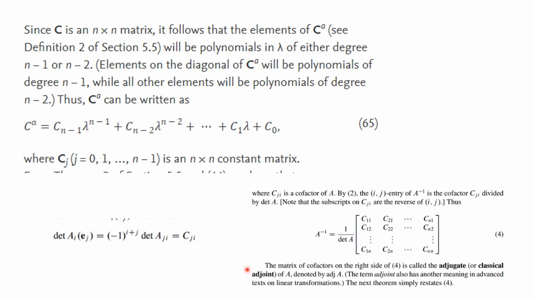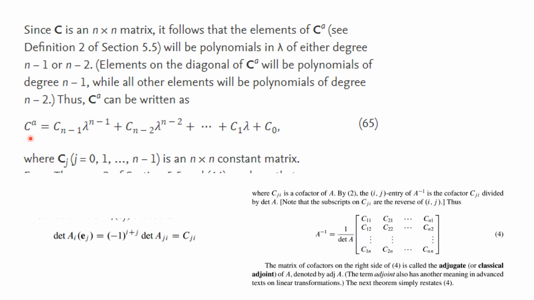Now you might recall that back in what we called theorem 8, the matrix of cofactors is called the adjunct or classical adjoint, and here we're calling it Ca. So we take the adjoint of this, a little bit different notation. And so we say Ca then is a matrix. Again, it is square.